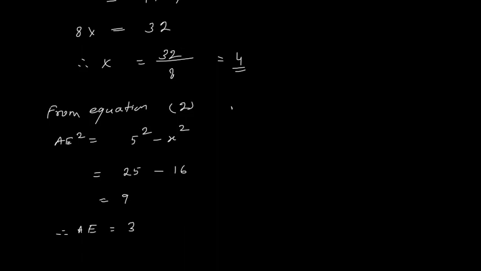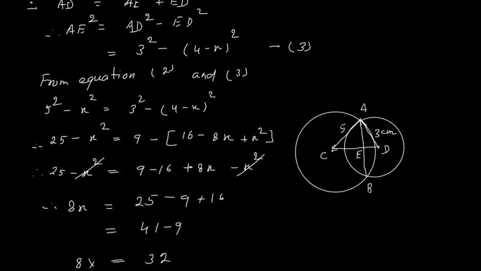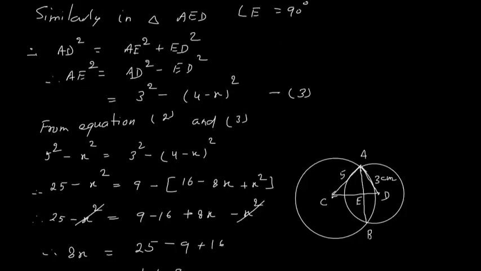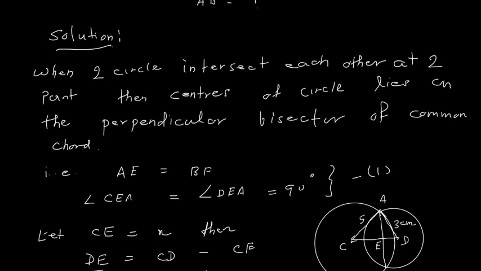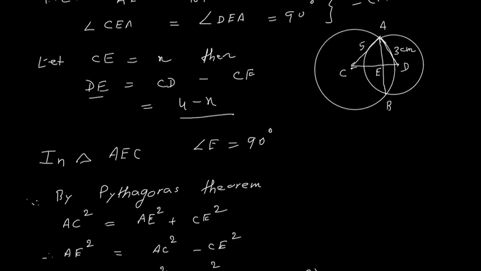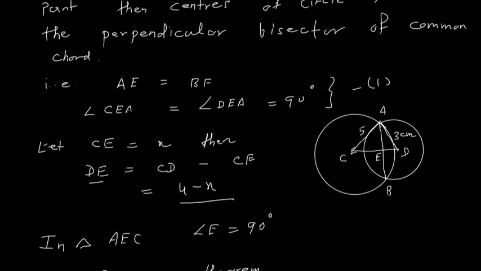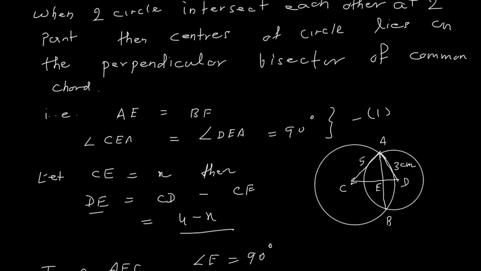Now the common chord AB is double of AE, from equation 1. In equation number 1 we wrote that AE is equal to BE, so AE equal to BE is half of AB.